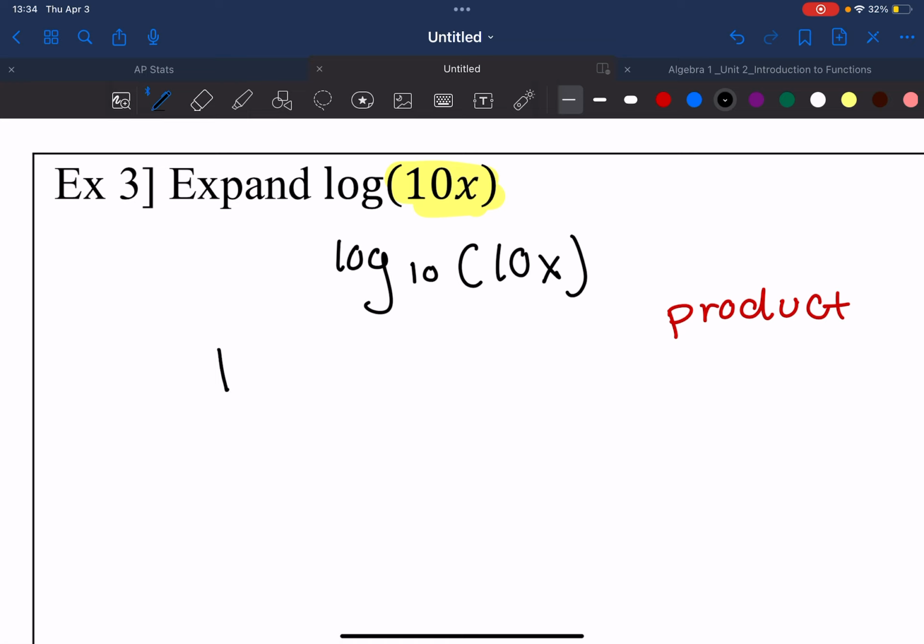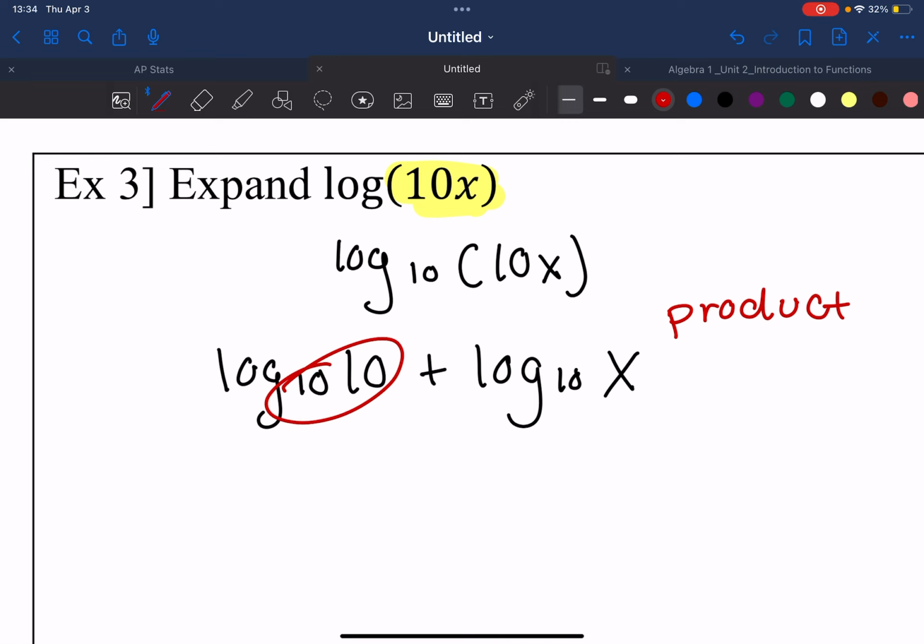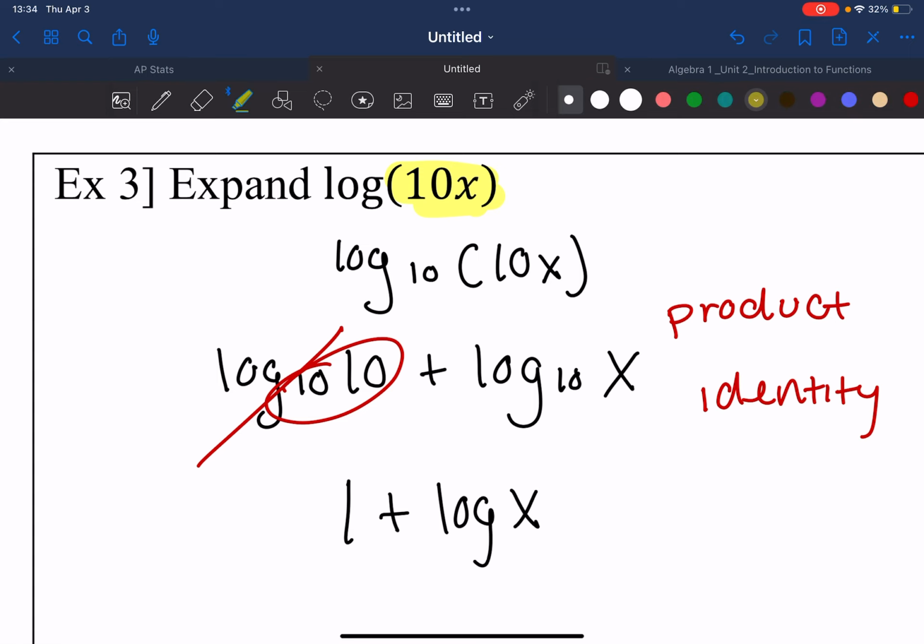So I can rewrite this as log base 10 of 10 plus log base 10 of x. And then notice here, when I did that, I now have bases that are the same, which means from the identity property, I can cancel them out and it turns to 1. So now this is 1 plus log x, and that's my answer.